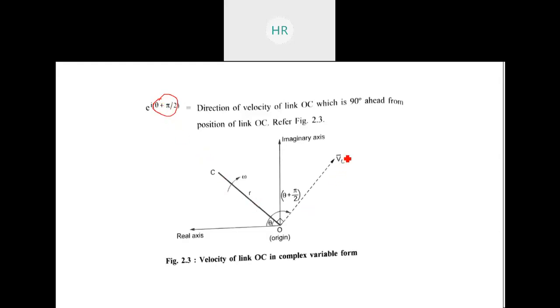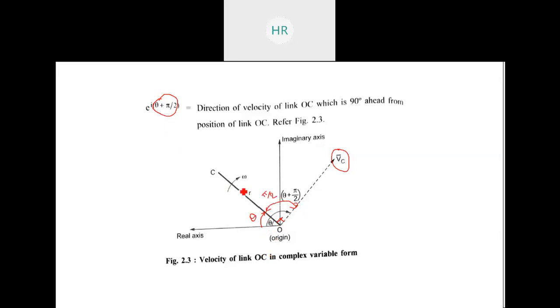So velocity will be at 90 degree or perpendicular to the position, or real axis થી measure કરીએ, it is equal to theta, આટલા એંગલ છે theta plus pi by 2, આટલા એંગલ થશે pi by 2.